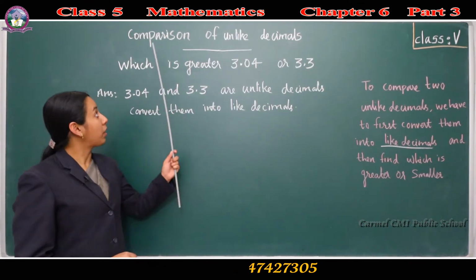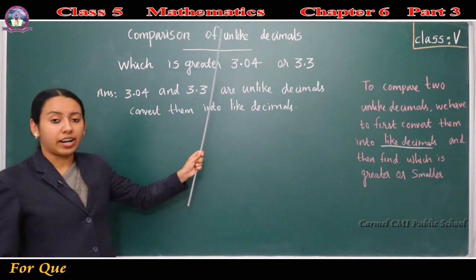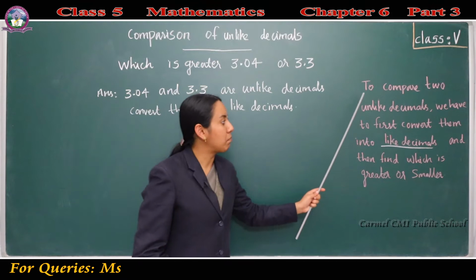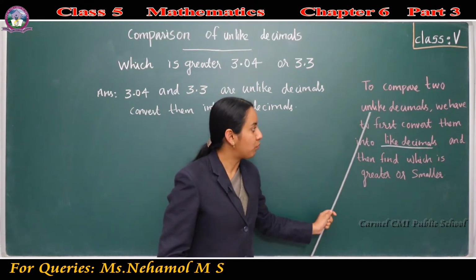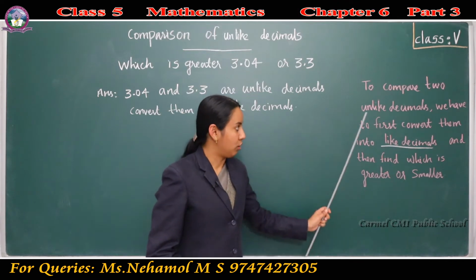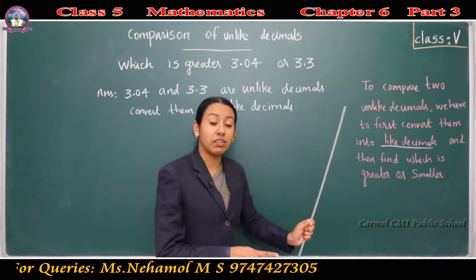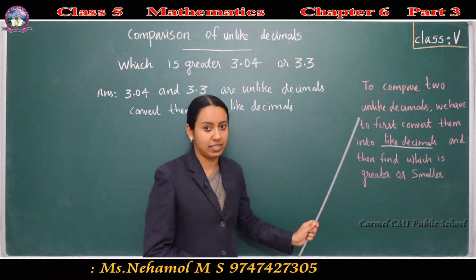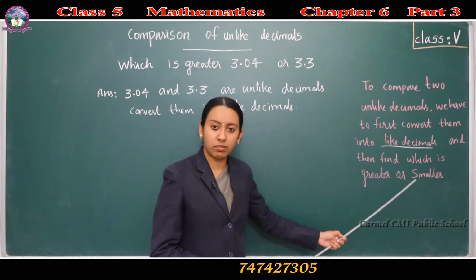Next one, comparison of unlike decimals. To compare two unlike decimals, first we have to convert them into like decimals and then find which is greater or which is smaller.